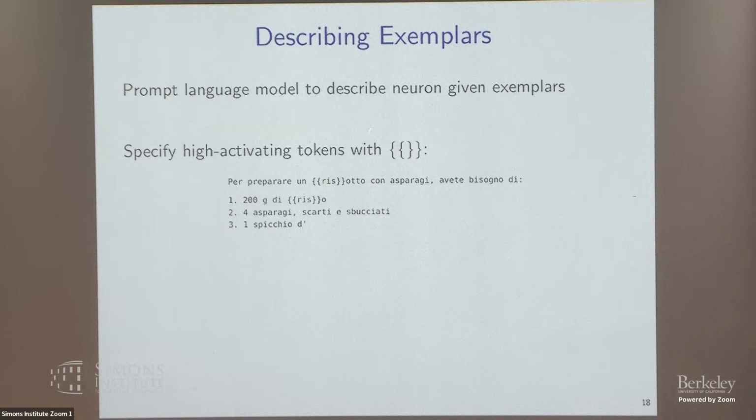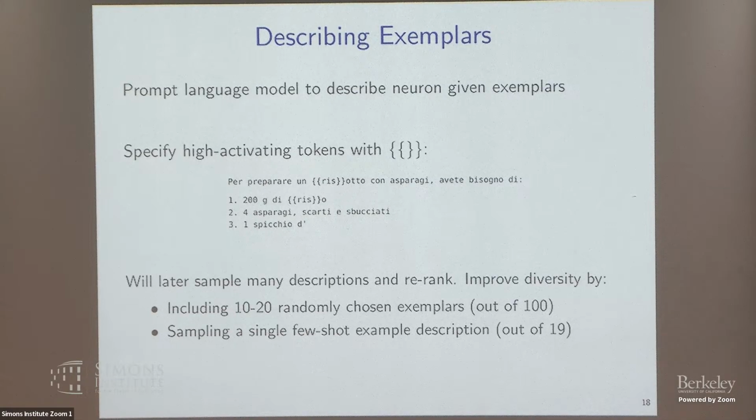And so we do this by using delimiters and putting these delimiters around every token that's highly activating. In some ways, this loses a lot because we've binarized the data. You don't get the numbers. You fix that later because of the simulator, which does take the full numbers. But it turns out giving up on detail in exchange for simplicity is pretty important.